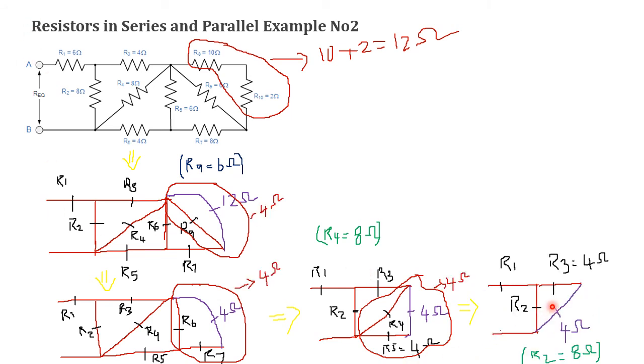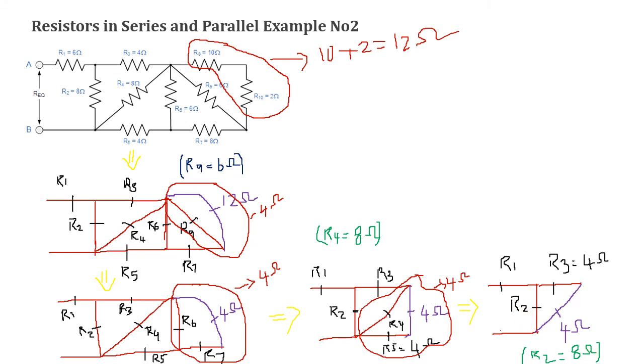So here you can see that this R3, which means this 4 ohm resistor, and this 4 ohm resistor are connected in series. Therefore from this part the equivalent resistor will be 4 plus 4 is equal to 8 ohm. So here this 8 ohm resistor is again connected in parallel with this R2. The value of R2 is 8 ohm.